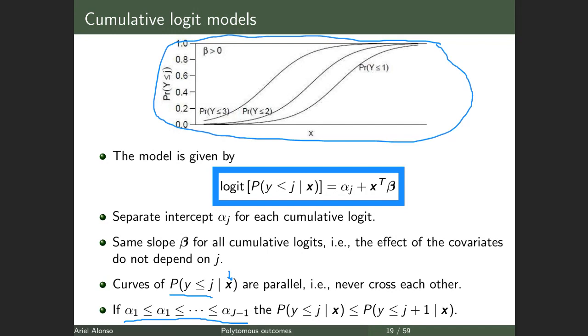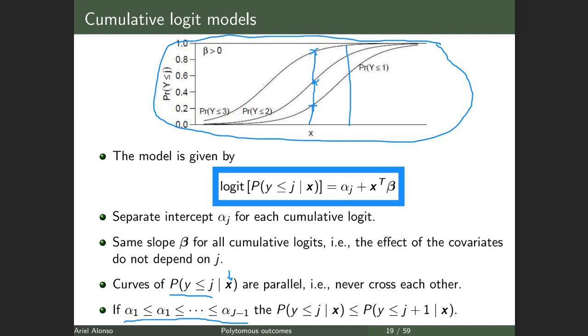For every value of x, the probability of having a response smaller or equal than 1 is going to be smaller than the probability of having a response smaller or equal than 2, and this is going to be smaller than the probability of having a response smaller or equal than 3. And that's going to happen for all possible x values.